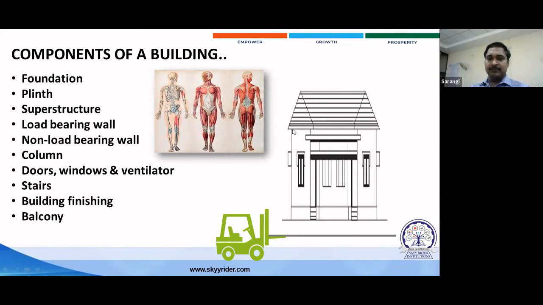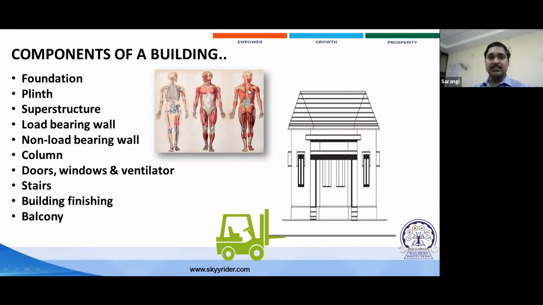After the brickwork, the beam is constructed to connect the different walls within the structure. Similarly, this beam acts as the hand. It may be a cantilever beam or a lintel.